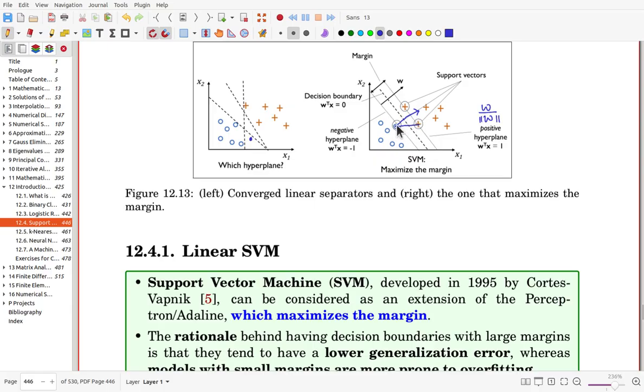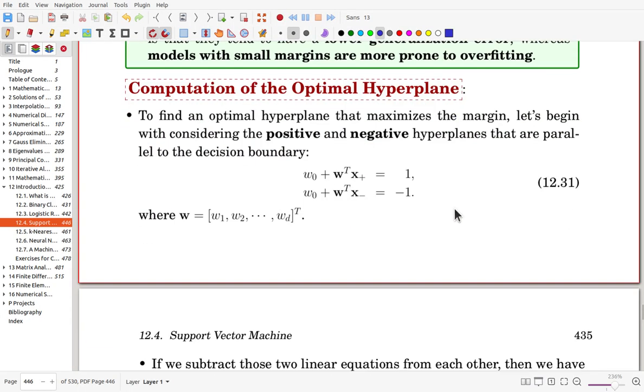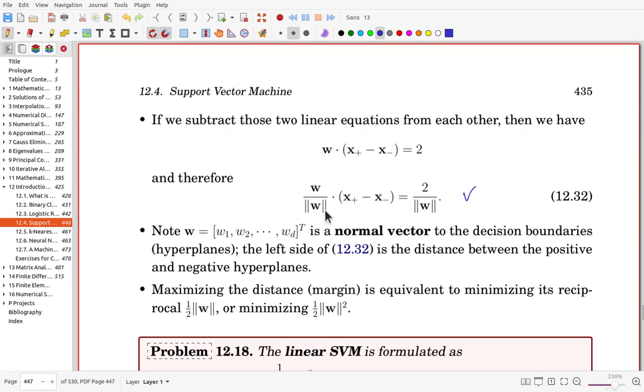Eventually x plus minus x minus, along with the dot product here, is exactly the length from here to there. So it's projected to the normal direction. So this left-hand side is, in fact, the margin.